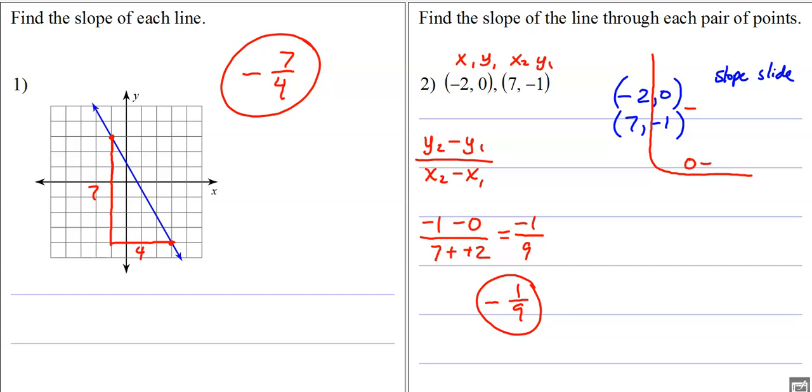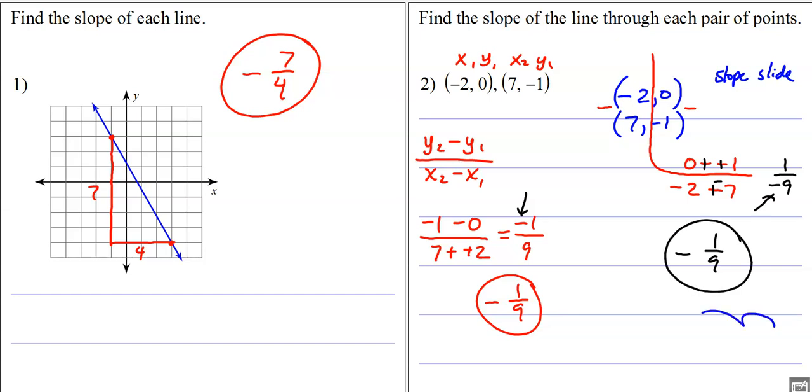So I do y minus -1. And on the bottom, I get -2 minus 7, which works out to -9. Notice the difference here: the negative was on top, here the negative is on bottom. Either way, you just pull it out to the front, and you get that answer.